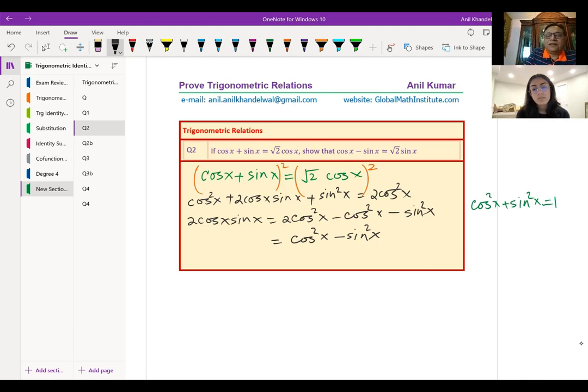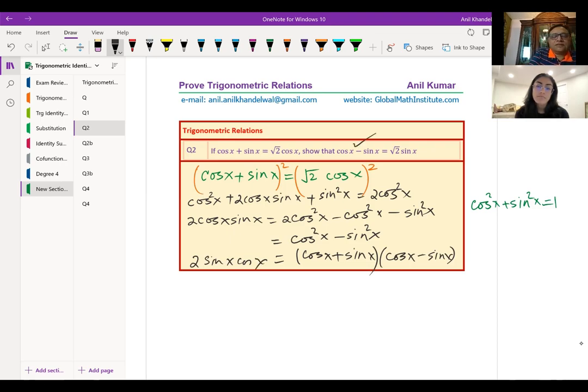And this can be written as sum and difference product, right? So cos x plus sine x times cos x minus sine x, and this is equal to 2 sine x cos x. So we can now find what we need to find, which is cos x minus sine x.